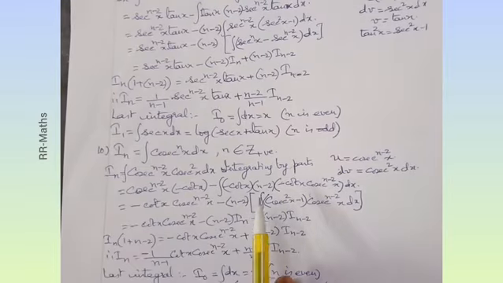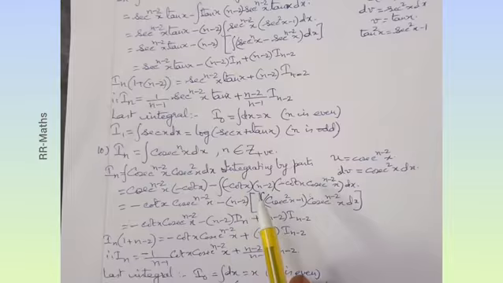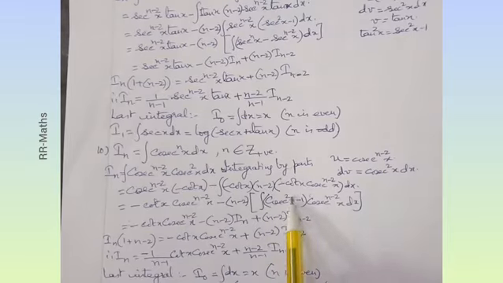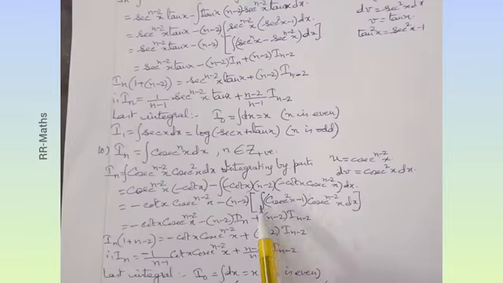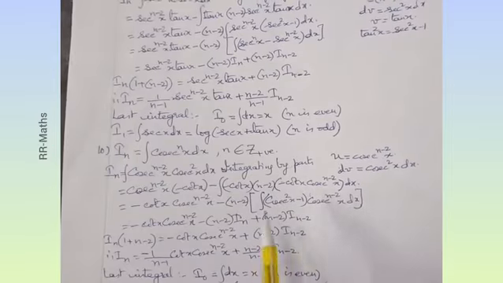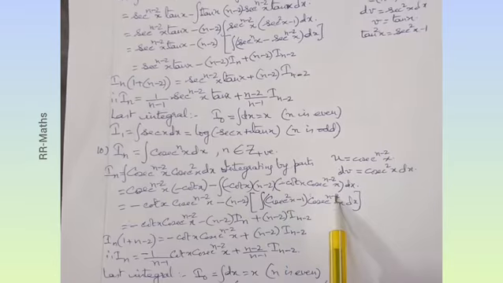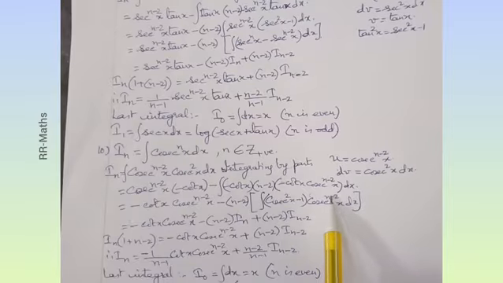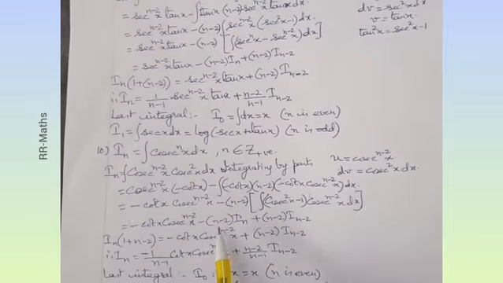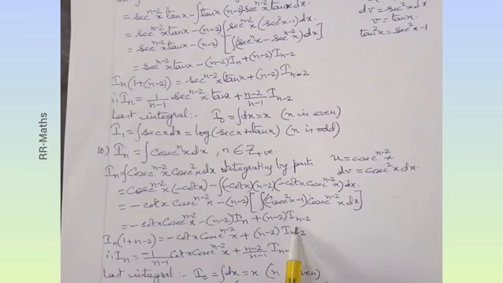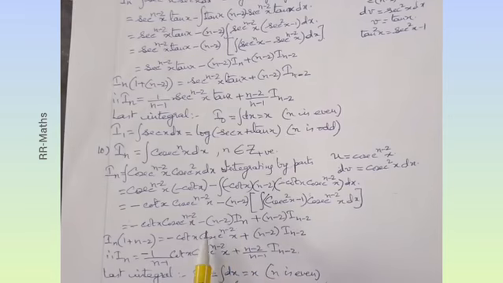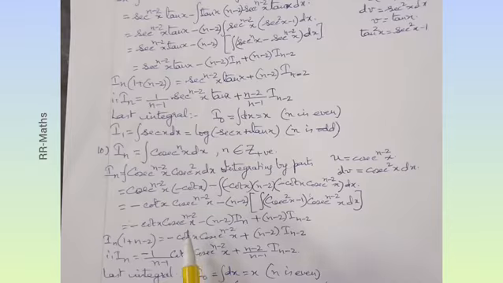Now this cot x into this cot x is cot square, and you replace cot square as cosecant square x minus 1. Now rewrite this as two integrals and you get cosecant to the power of nx minus cosecant to the power of n minus 2x, which can be replaced as In and I n minus 2, and bring your In to your left hand side.